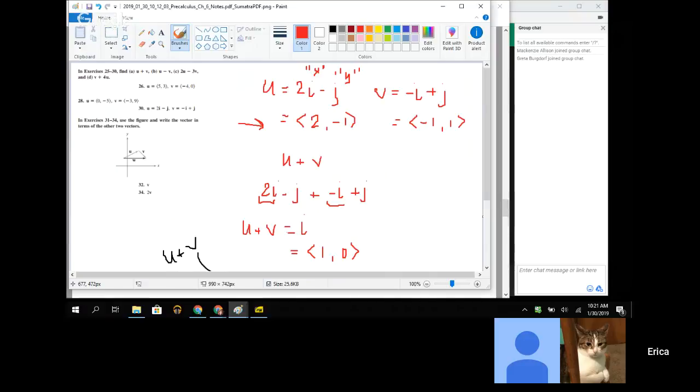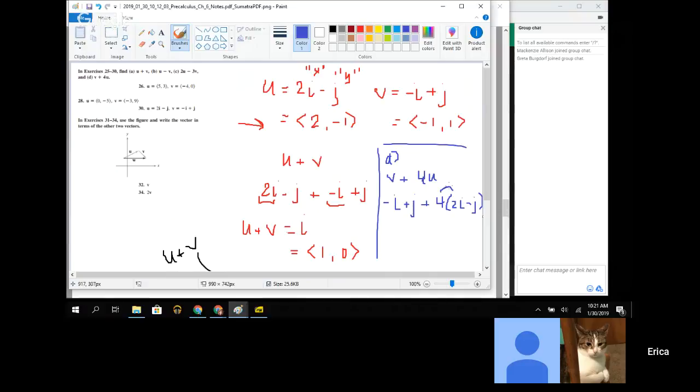So can you see how those translate? If I wanted to do, for example, part D of number 30, part D says, what is v plus 4 times u? So v is -i plus j plus 4 times u, which is 2i minus j.